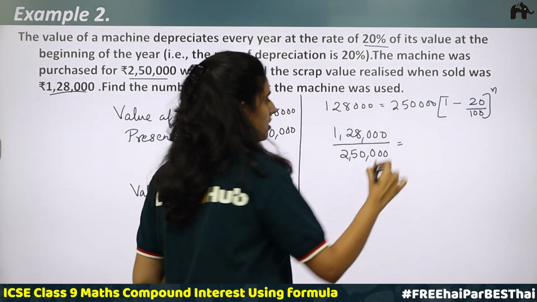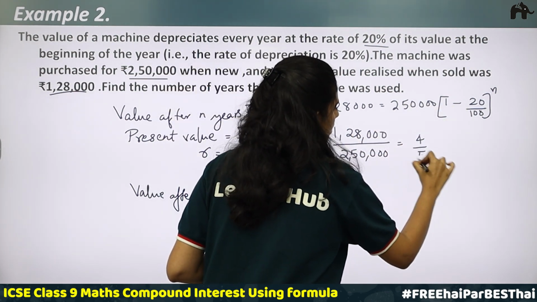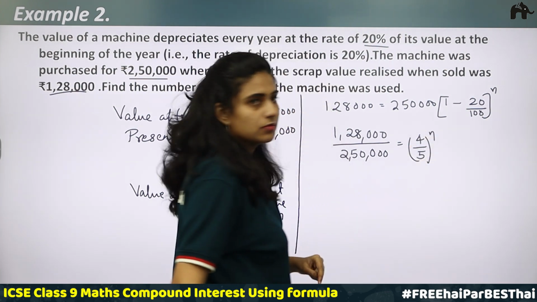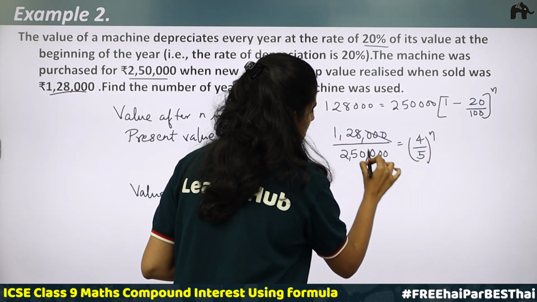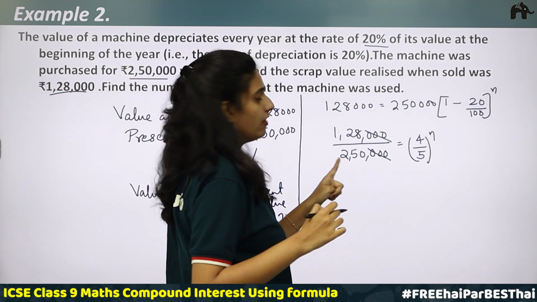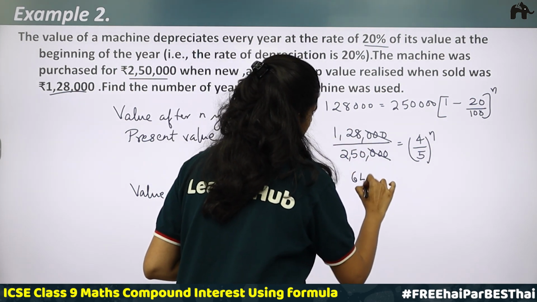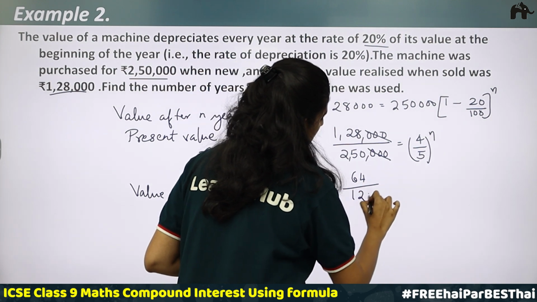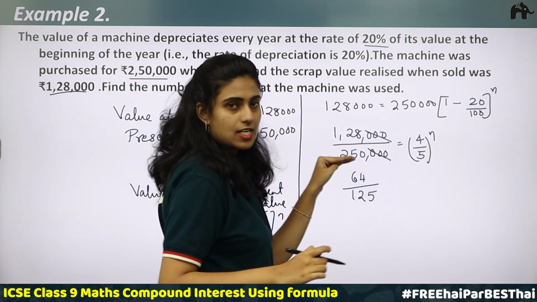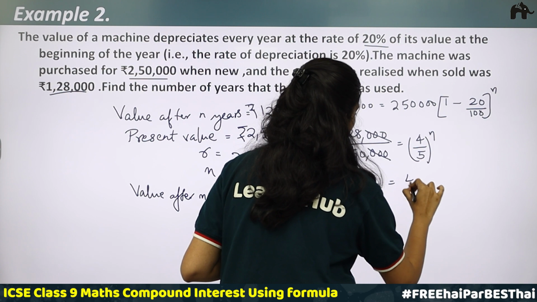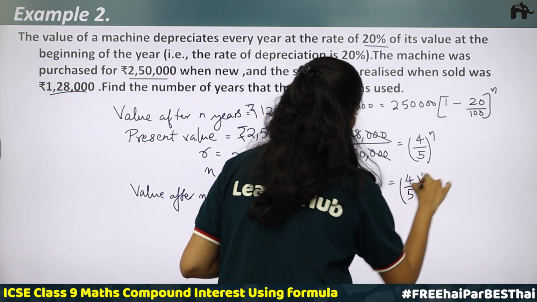What is 80 by 100? You will be getting 4 by 5 whole raised to n. So you can cancel out these zeros. 128 divided by 250, dividing numerator and denominator by 2, is 64 divided by 125. You will be getting 4 by 5 whole raised to n.